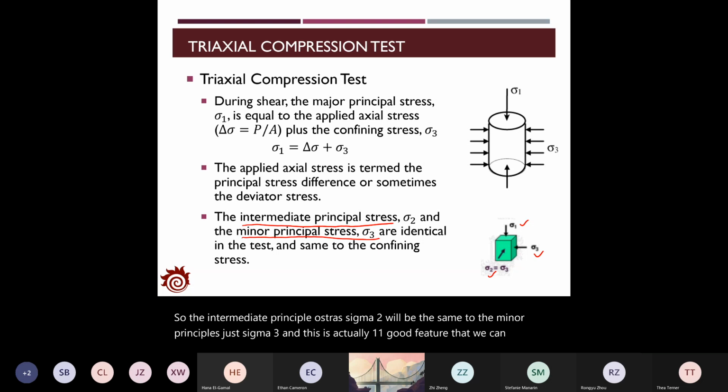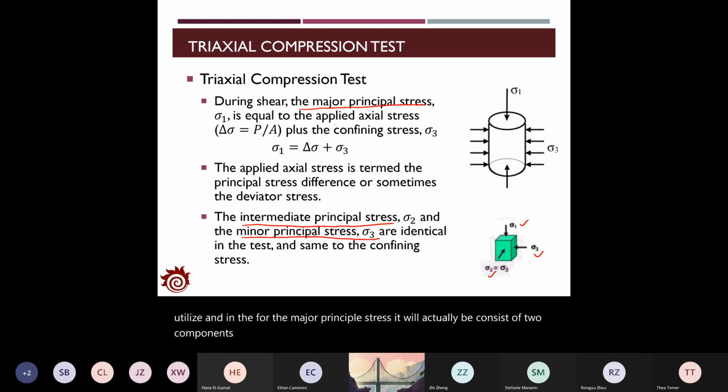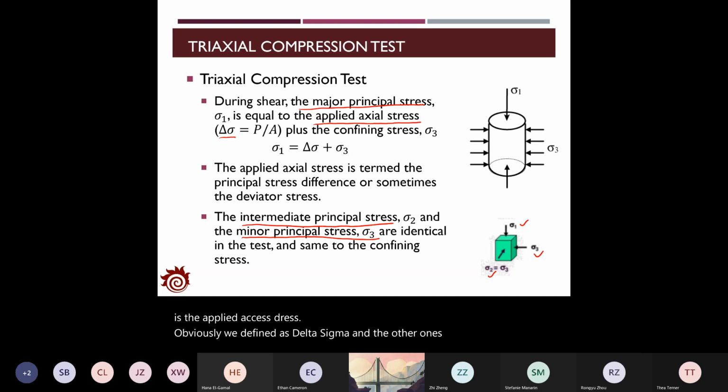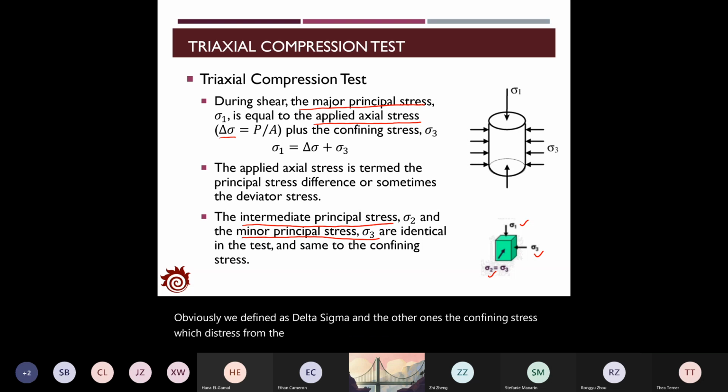And the major principal stress actually consists of two components. One is the stress applied from the machine, that is the applied axial stress, which we define as delta sigma. And the other one is the confining stress, which is the stress from the air or from the liquid. That is sigma 3.